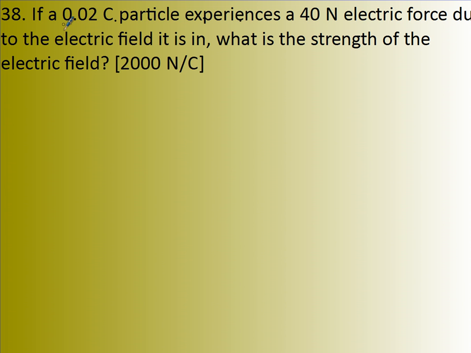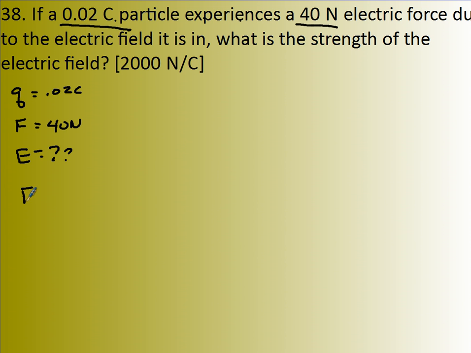Now, if I have a 0.02 coulomb particle having a force of 40 newtons, what's the strength of the electric field? Well, let's see. We have Q is 0.02 coulombs, and F is 40 newtons. I'm looking for E. What's the relationship between force, Q, and E?